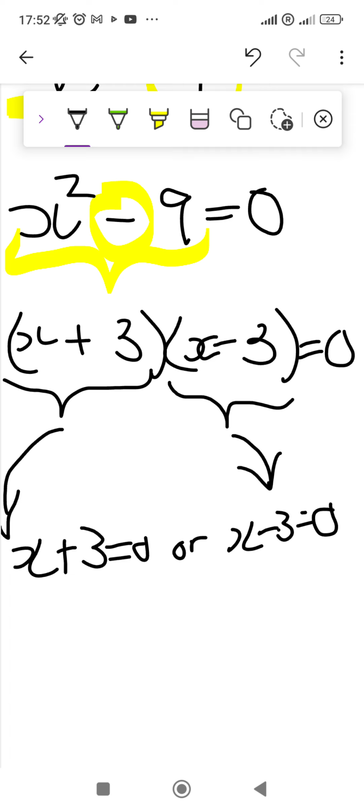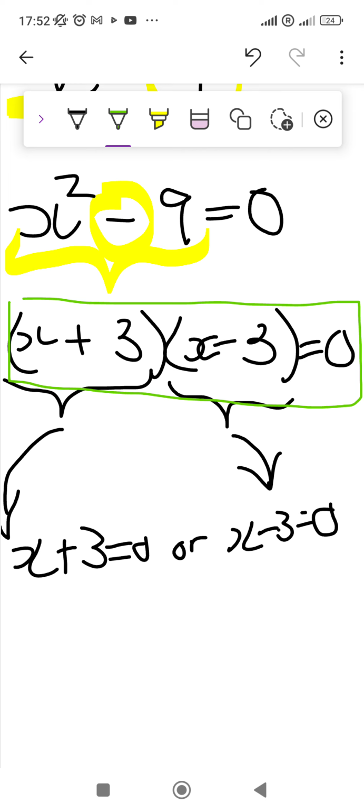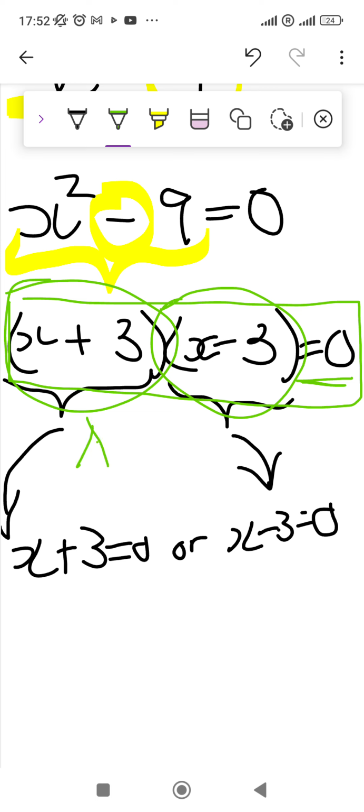Let's just take a second quickly to chat about this line here. What we are saying is that the product of two things, so this multiplied by this, is going to equal 0. If you have something and you multiply that something with something else, and you get 0 as an answer, one of those two things has to be 0.